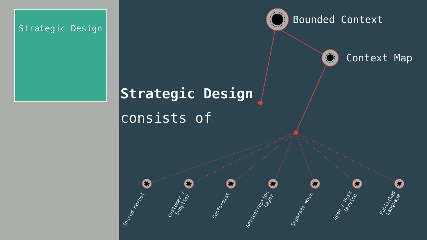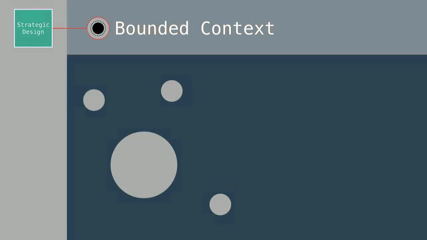And along that context map, you will see various, I don't want to call them integration patterns, but I would like to call them interaction models between systems and teams. And let's go ahead and dig into this part of strategic design. So let's first of all take a look at the bounded context.